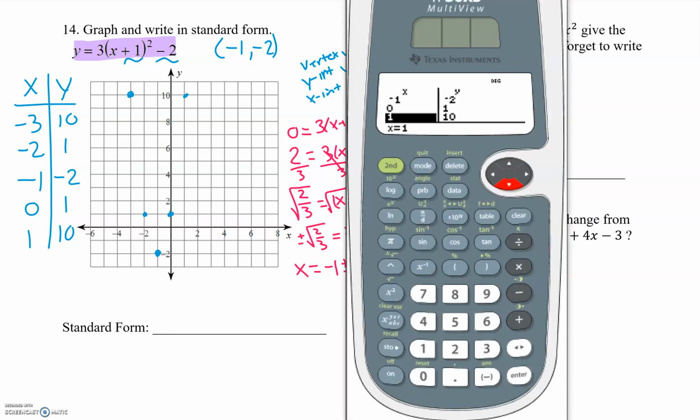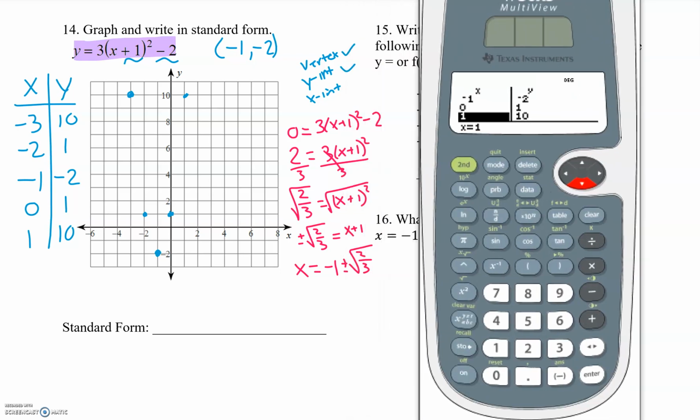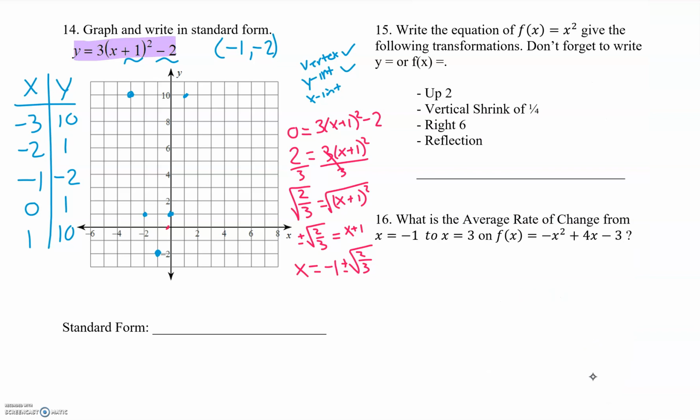Okay? We just need to make sure that we're putting those points in the right spot. So go to the calculator, clear the screen out. We're going to do -1 plus the square root of 2/3. We're going to find out that that is -0.18. So -0.18 is going to be about here.